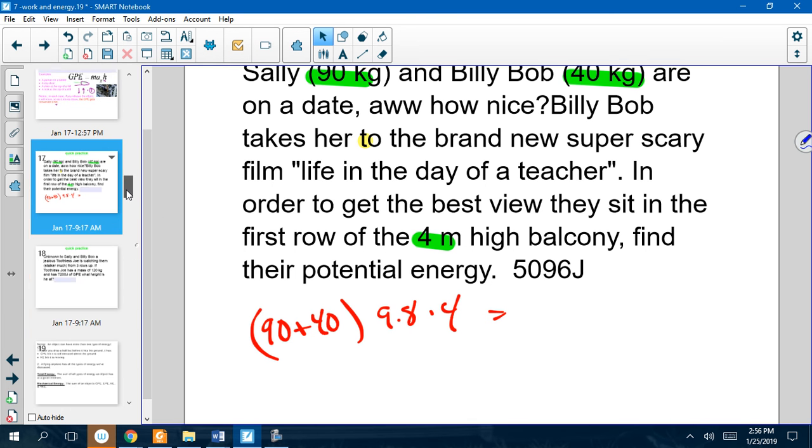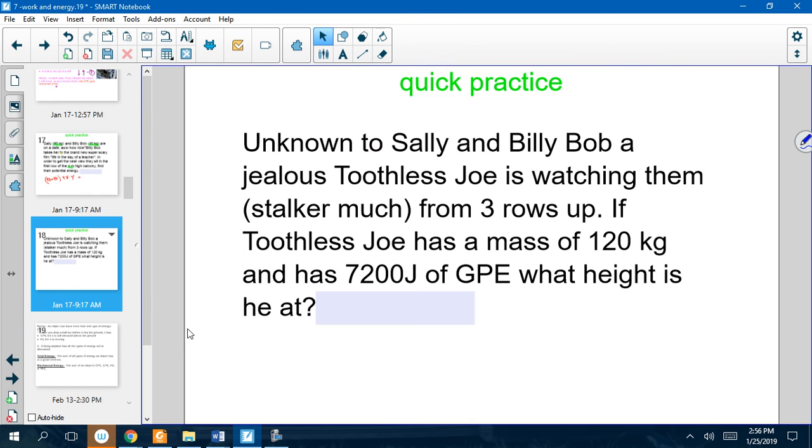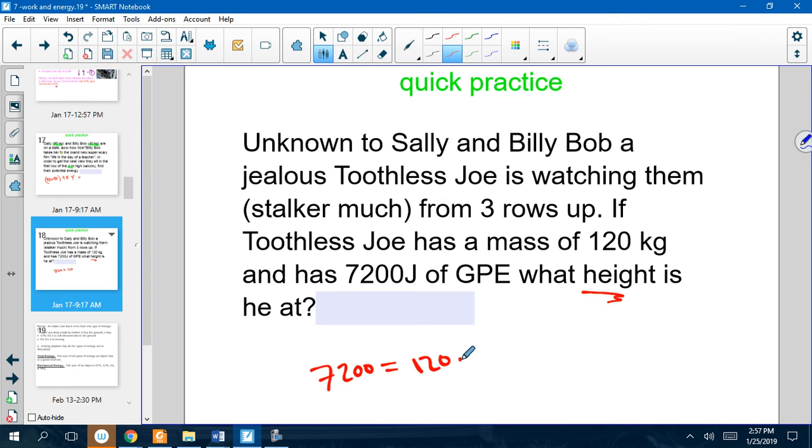Alright, now taking that one step further, let's say we have Toothless Joe, and he's sitting 3 rows above them. What height is he at, considering that his gravitational potential energy is 7,200 joules? So 7,200 should equal his mass, which is 120 kilograms, times 9.8 times the height, and that should give us around 6 meters.